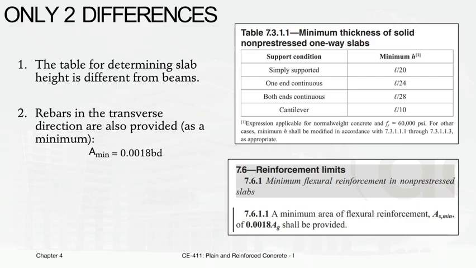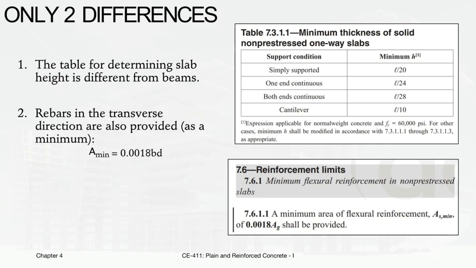Now coming to the differences in the design of beam and the design of slab, when we go into the depth of it. The first difference is that the thickness we determine for beams as per the ACI code differs from when we calculate for one-way slabs.